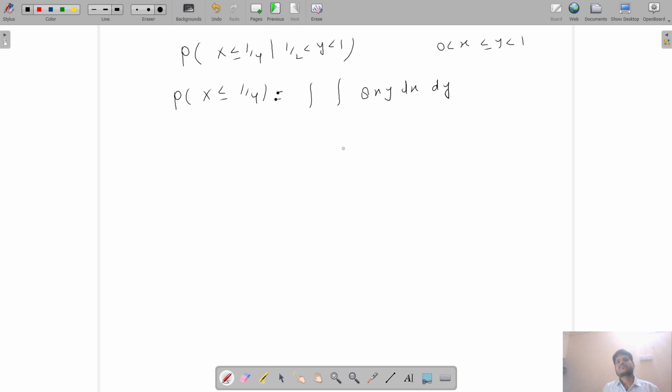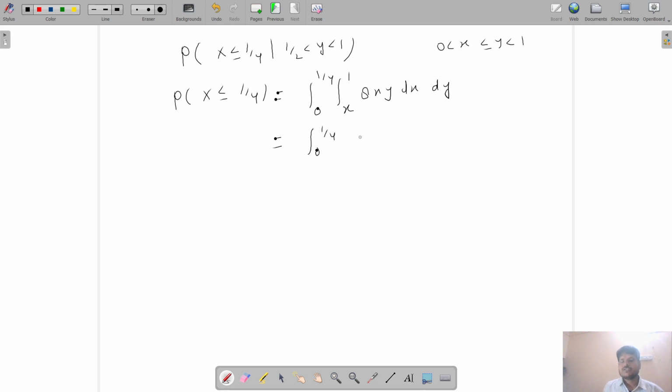The upper limit of x is 1 upon 4 and the lower limit of x is 0. What about y? The lower limit of y is x, and the upper limit is 1.